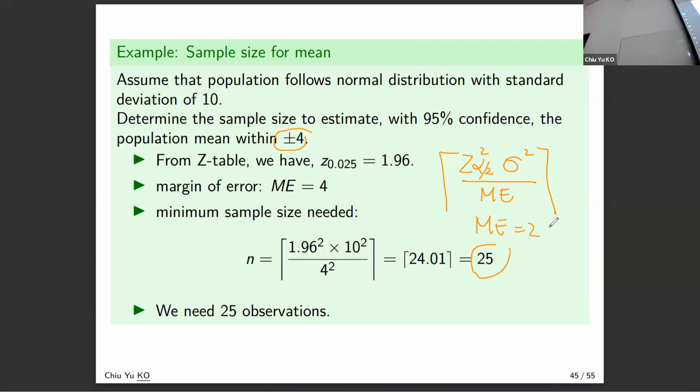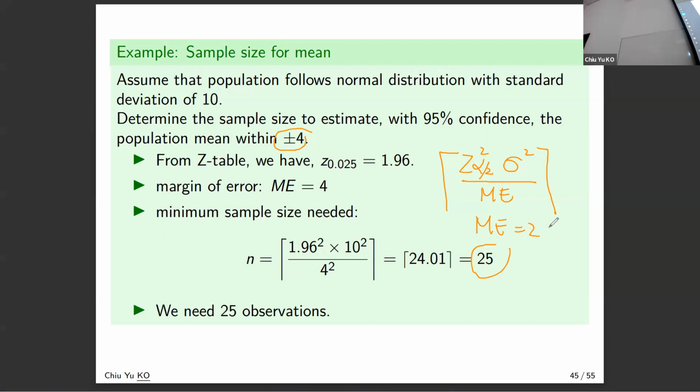And you do notice that this is independent of how many people are in the population. We never have to think about whether there are 8 million or 7 million people in Hong Kong. Nothing is asked for that. So it's a rather interesting case.